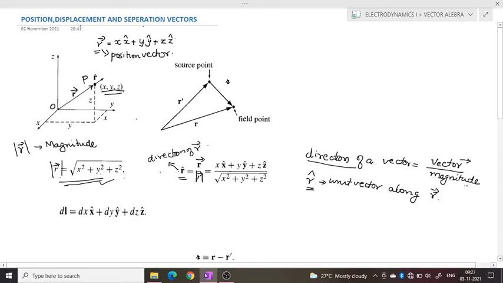Now we are going into the second category, which is the displacement vector.